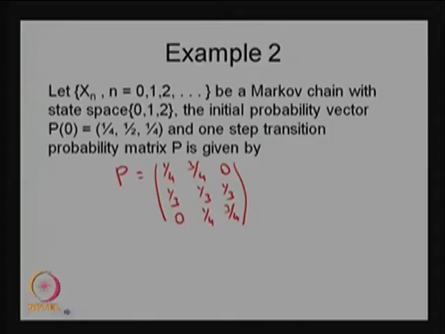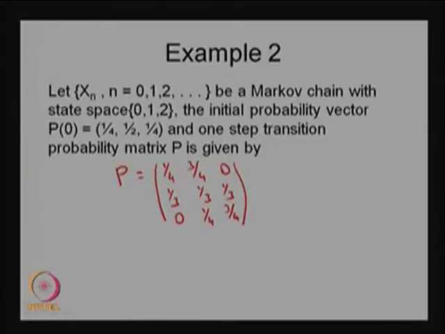This is an abstract example in which X n is the discrete time Markov chain. The default discrete time Markov chain is always time homogeneous. So, this is a time homogeneous discrete time Markov chain with the state space 0, 1 and 2, and also it is provided the initial probability vector, that is p0, that is a vector 1/4, 1/2, 1/4.